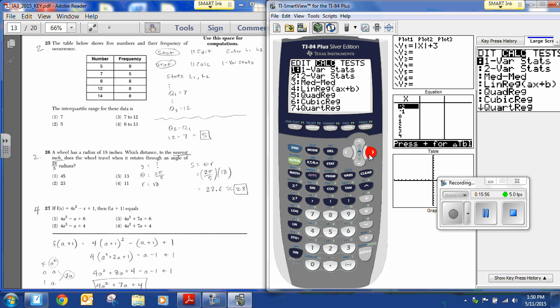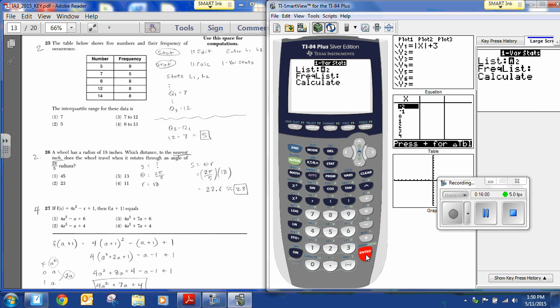Go over to Calc. One variable statistics. And the list is L1. And as you can see, here's L1. And the frequency is L2.